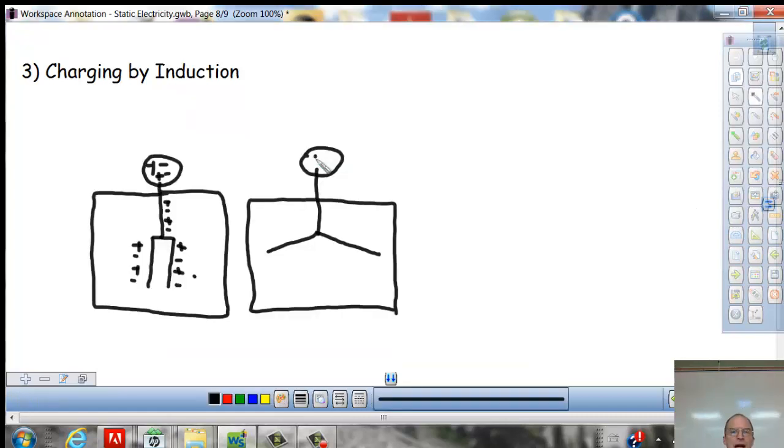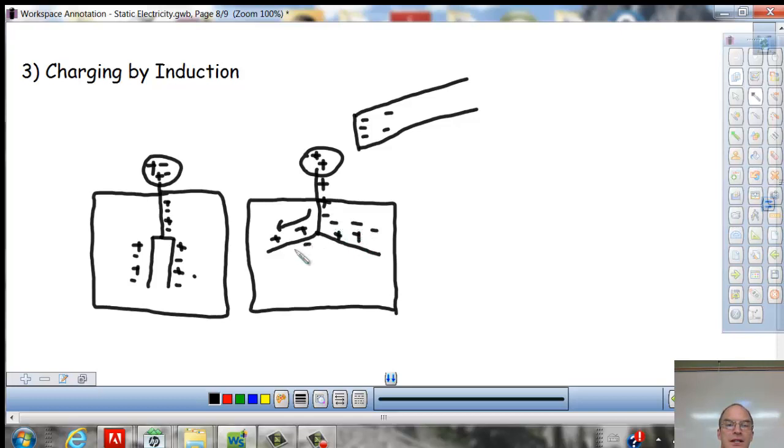So essentially what happens is the metal leaf electroscope starts out in this situation with a balance of positive and negative charges throughout the metal. But as I bring the negatively charged rod towards it, the law of electrostatic attraction means that all the electrons in the upper part are going to run this way and create a net imbalance of negative charges down here.